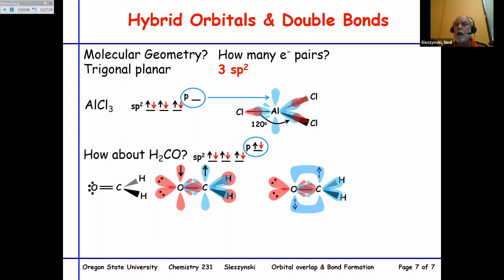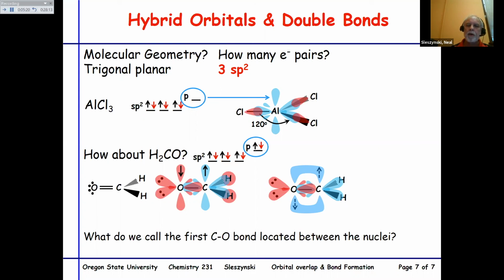So a carbon-oxygen double bond, that first bond is head-to-head overlap, but directly geometrically between the nuclei. That's my sp2 hybridization. But the second bond formed between the carbon and oxygen now has to be out of that plane and has to be side-to-side overlap between the carbon unhybridized p orbital and the oxygen unhybridized p orbital, so that I can get that side-to-side overlap.